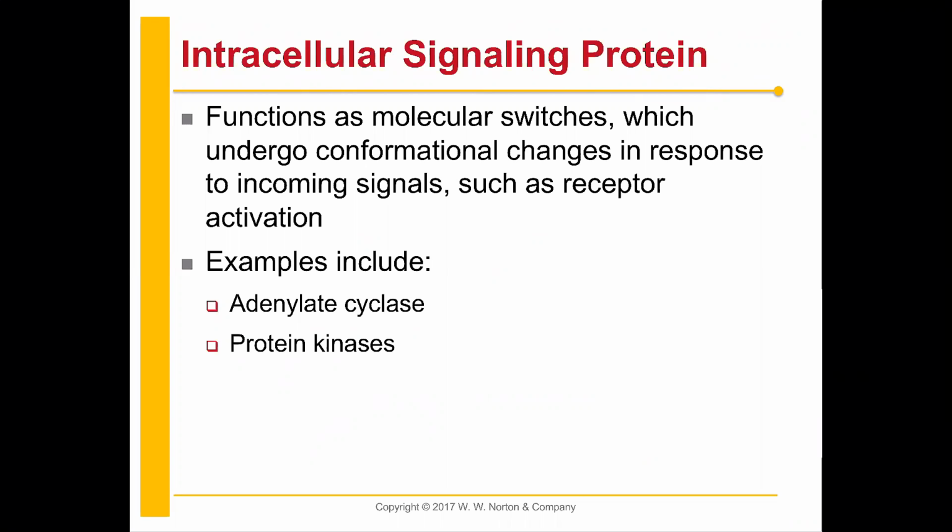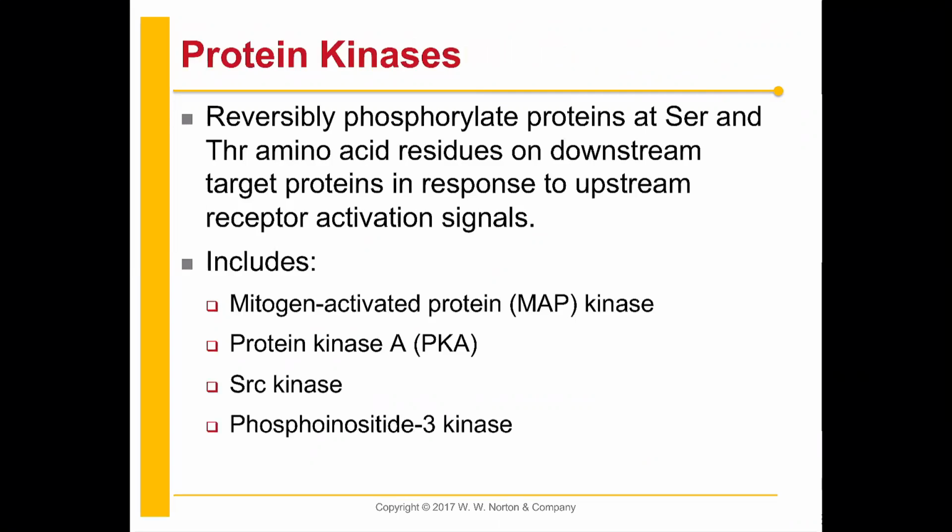You have to think about these things as a cascading system. If it's a cascading system, you don't want to be permanently stuck in that signal. So a lot of times these are reversible protein phosphorylations. You need to be able to stick the phosphate group on, and you also need to be able to easily pull it off, and that's why we say it's reversible. We're usually phosphorylating serine and threonine.